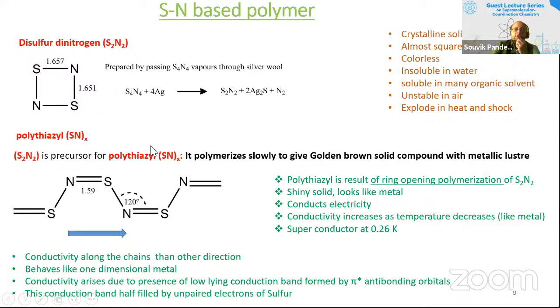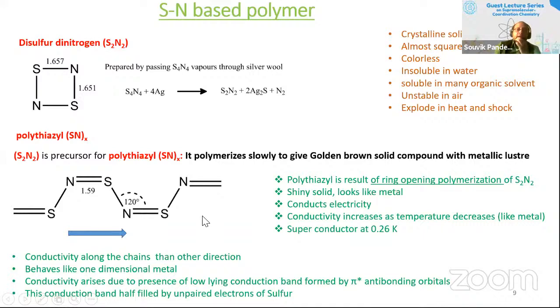This polymer is called polythiazine. Very interestingly, it has been observed that this polymer totally looks like a metal, but having no metal, only nitrogen and sulfur. It is a very shiny solid, looks like a metal, and is a highly conductive material.